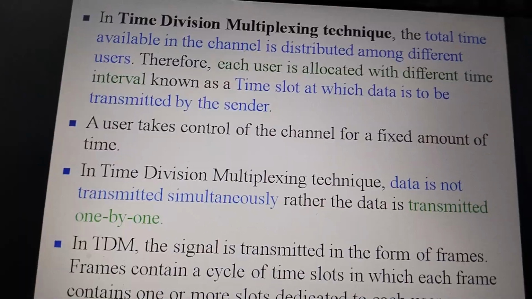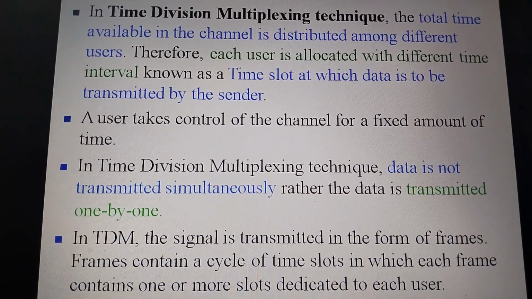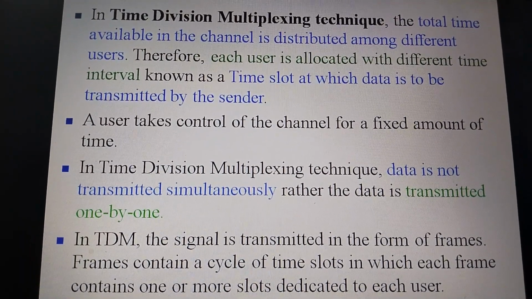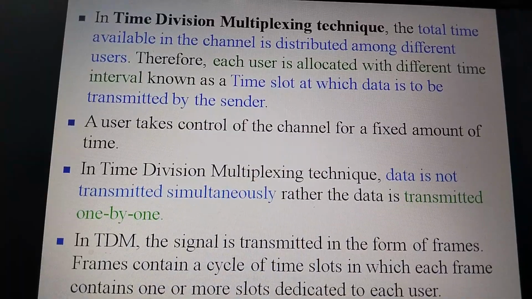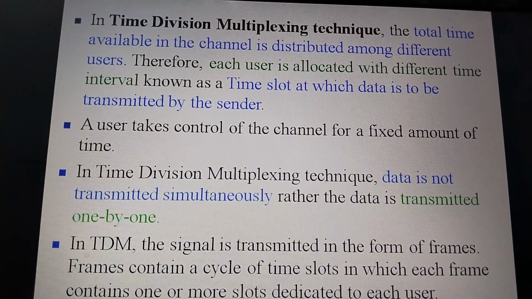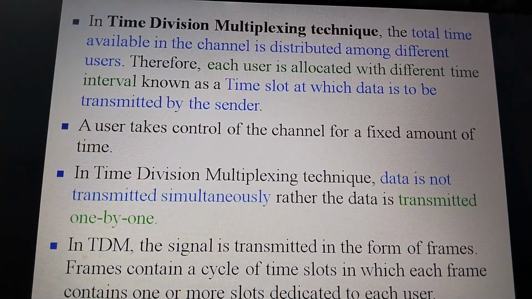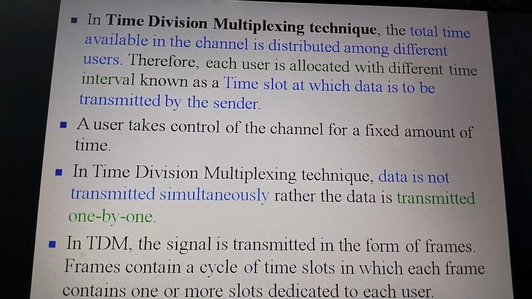Next, in the time division multiplexing technique, the total time available in the channel is distributed among the different users. Therefore, each user is allocated different time slots. Based on the time slots, the sender sends the data to the receiver.